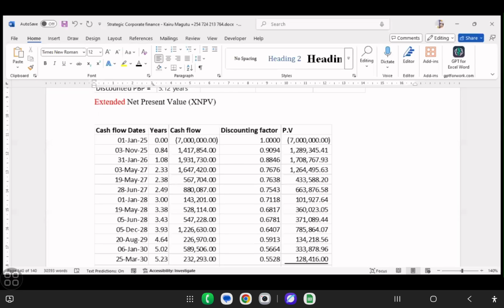XNPV captures the cash flows on the exact date that they occurred.